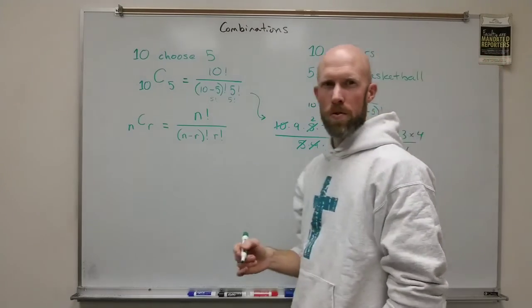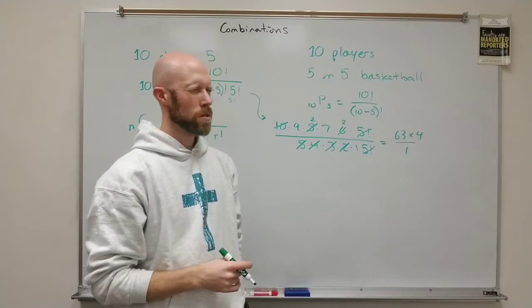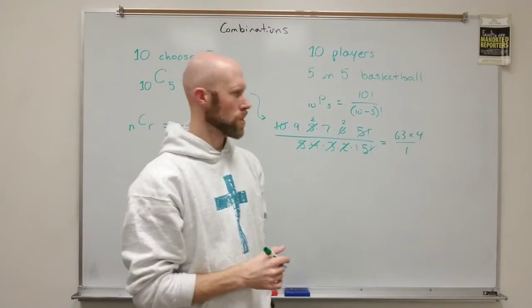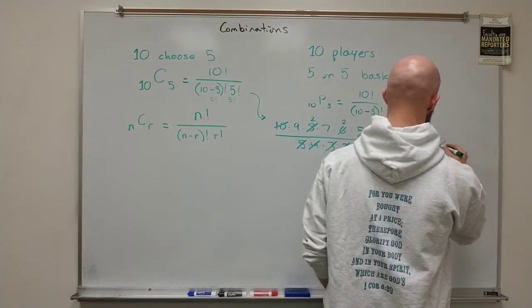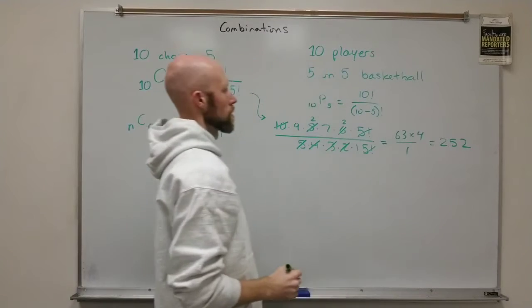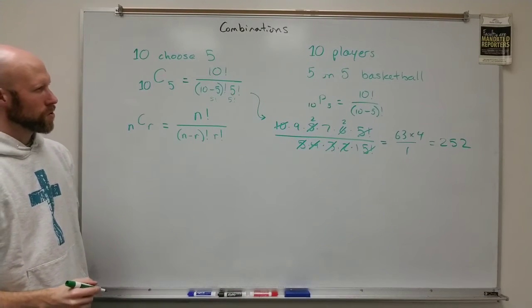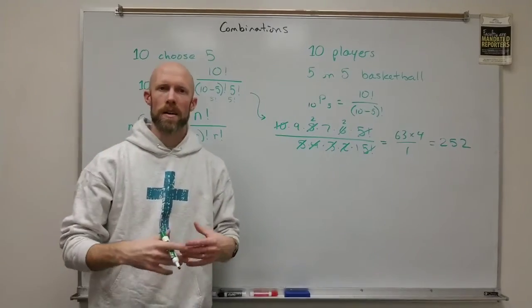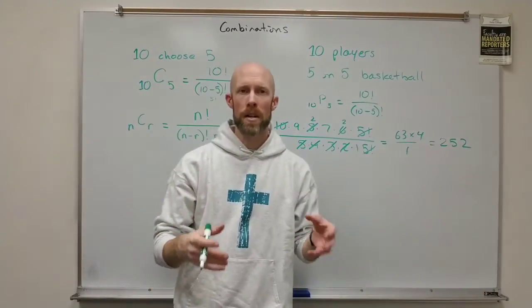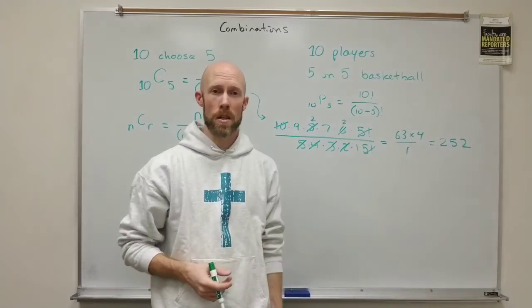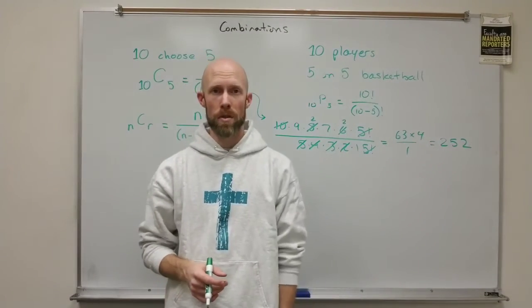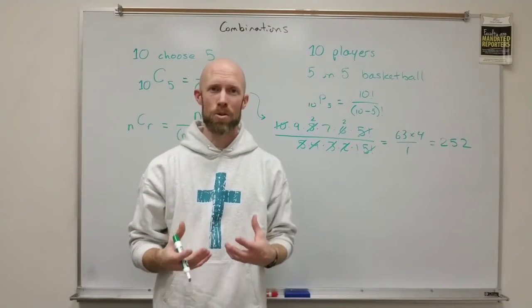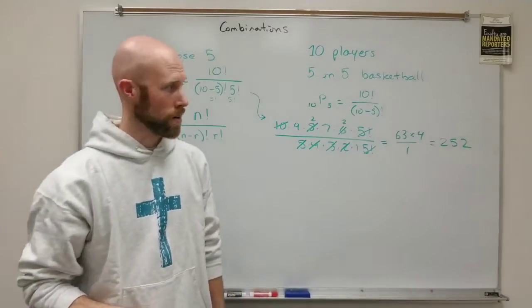And 63 times 4 is 252. So that's 252 different combinations. If I had a set of 10 people, and I wanted to get 5 of them on a team and 5 on the other team, there are 252 ways to do that. Again, the order in which you pick them doesn't matter.